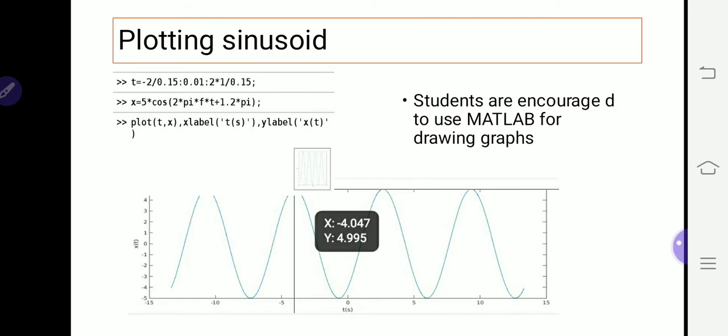In this subject, you will mainly use MATLAB to do the calculation and to draw all the graphs. I encourage all students to really try it. Here I am using MATLAB Mobile, which means that I installed it on my Android phone and I do the simulation on my mobile phone.